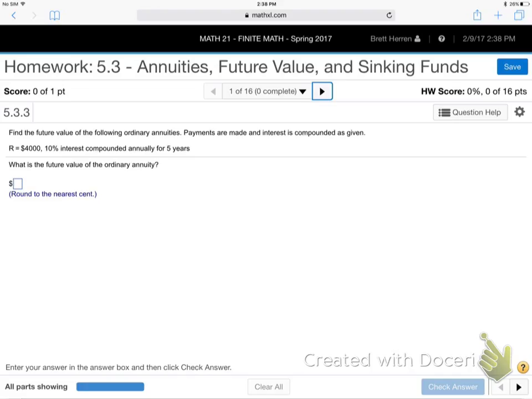Find the future value of the following ordinary annuities. Payments are made and interest is compounded as given. So what are we talking about? An annuity is when you make a bunch of little payments, and the thing grows and grows until it's a big pile eventually. That's an annuity.